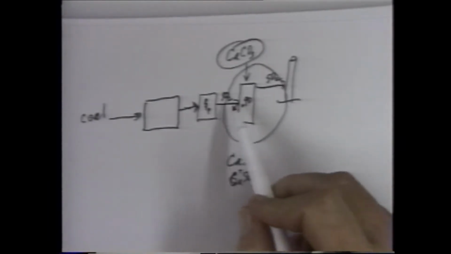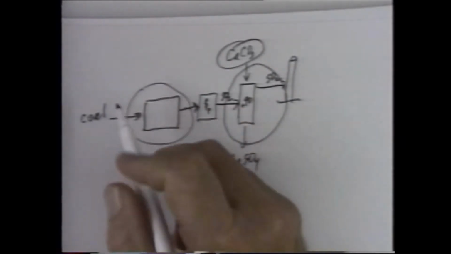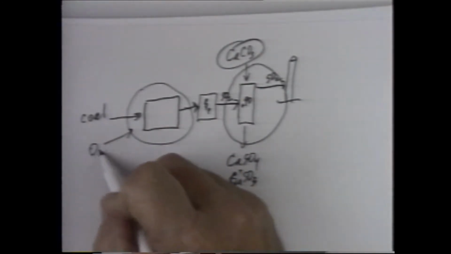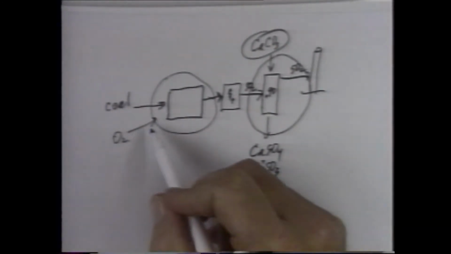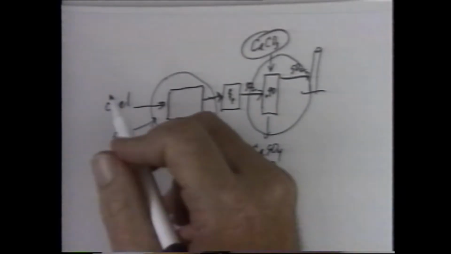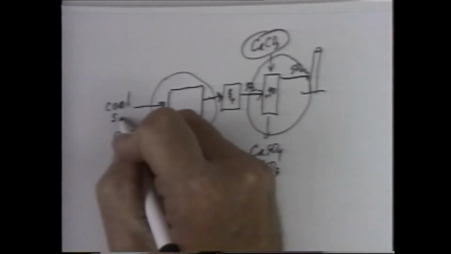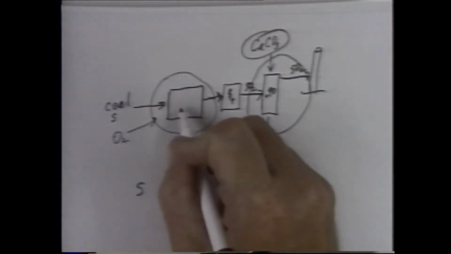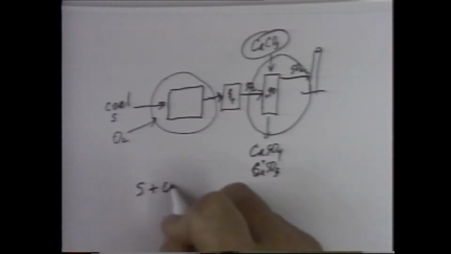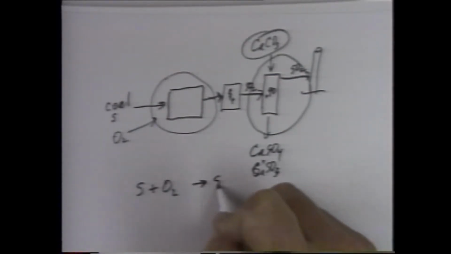And we can calculate that by material balance here, as we're bringing in air and burning the coal with oxygen, and any sulfur that's in the coal is going to react here in the furnace to form SO2.